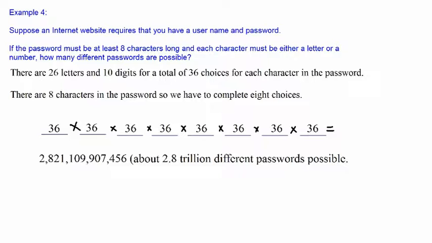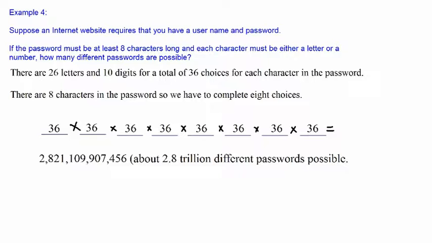The multiplication principle says that we would multiply these 36s, and that gives a total of 2,821,109,907,456, or about 2.8 trillion different passwords.